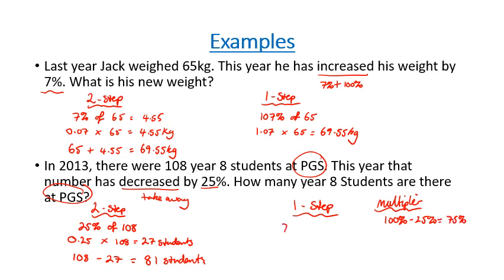So we're actually just trying to find 75% of 108. This becomes 0.75 times 108, and that's going to give us 81. So therefore we have 81 students.